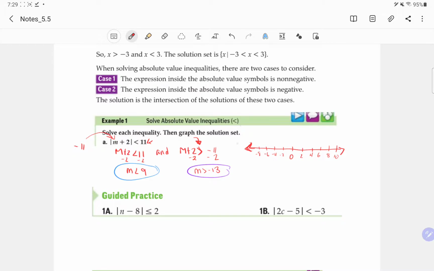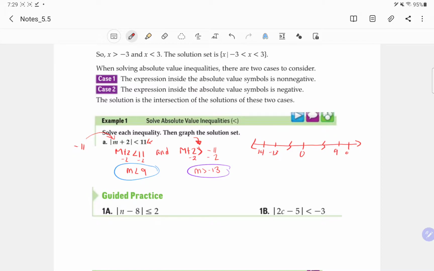I need to go further. Negative 10, 12, and negative 14. Or, even a better idea, so we don't have to have such a large number line, let's just put 0, 9, 10, break in my graph. Break in my graph. Negative 13 and negative 14. Okay?